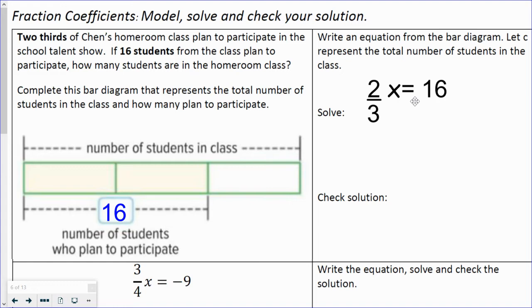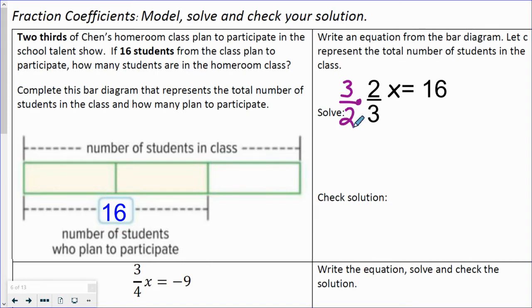Okay, we see multiplication, but we're dividing with a fraction. So if you remember how we divide by fractions, we multiply by the reciprocal. And the reciprocal is taking your fraction and flipping it over.